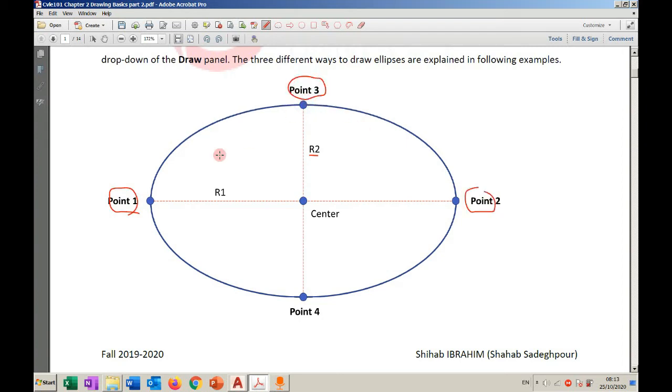That's enough: 2 points on the main axis, 1 point on the secondary axis. Instead of point 3, I can still say point 1, point 2, with point 4, and still draw it. Why? The idea is 2 on one axis, 1 piece of information on the other axis. Any combination you try here, you'll end up with the same pattern.